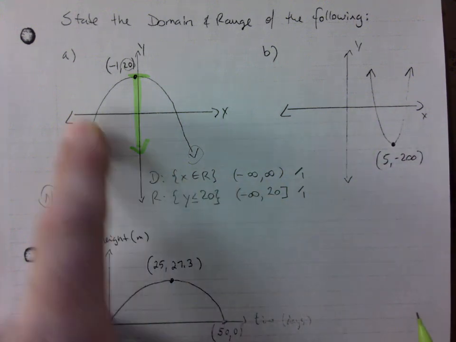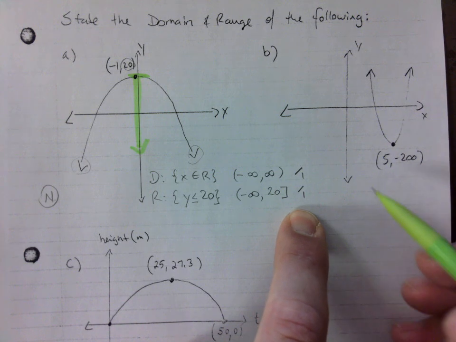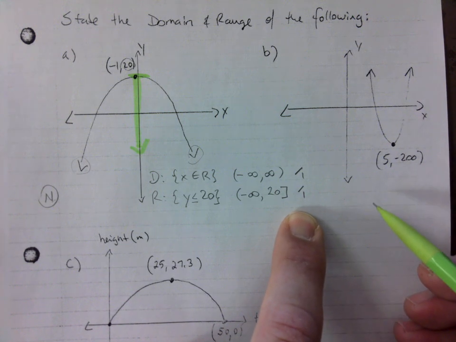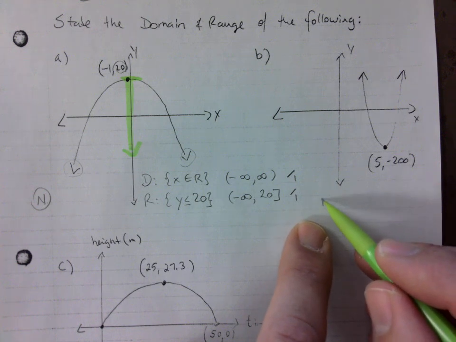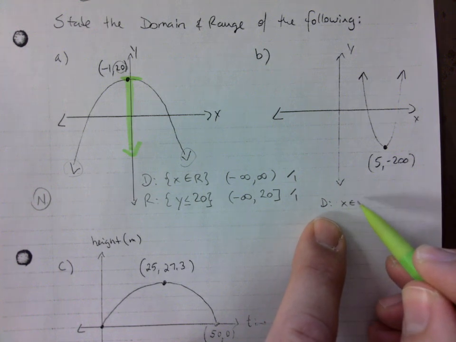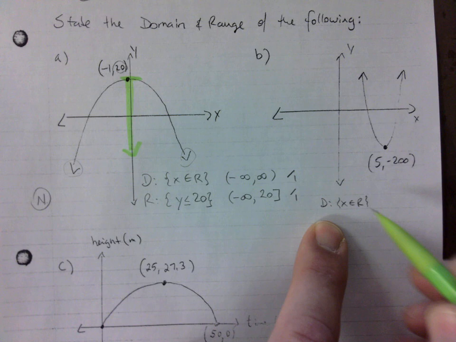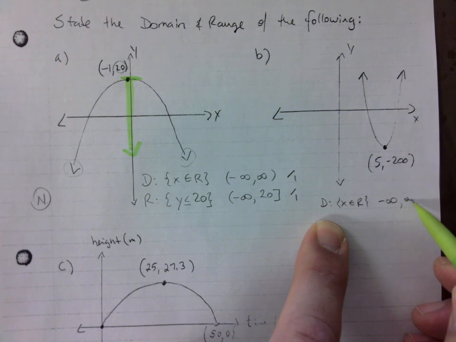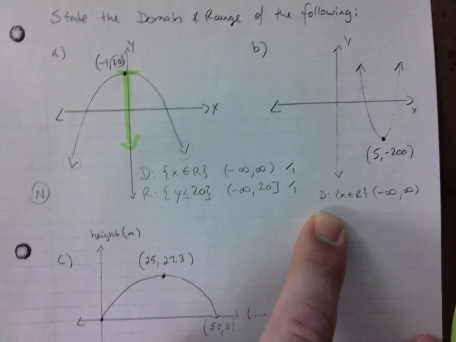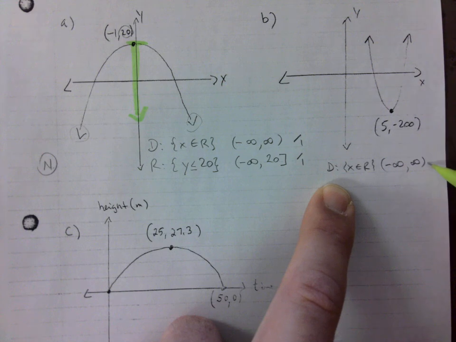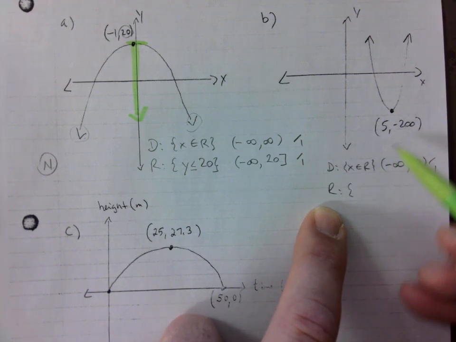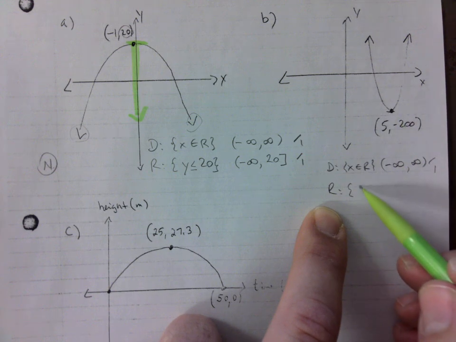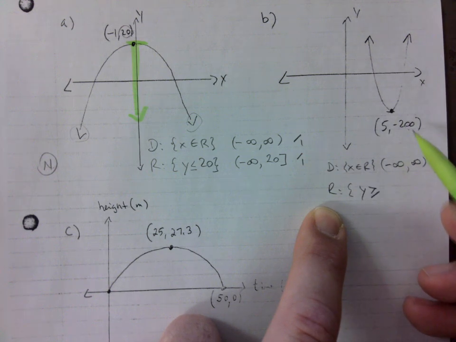So A has 2 marks attached to it. For this graph here, for the domain, we have x belonging to all real numbers. That is given. So it's negative infinity to positive infinity like that. So that's worth a mark. And then for range, in this case, y values that are greater than or equal to negative 200 are acceptable.